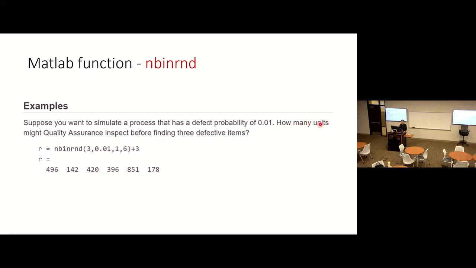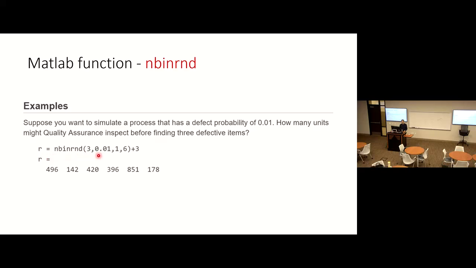So your question is how many units might your quality assurance inspect before finding 3 defective items? How many do you need to check before you find 3 defective items from the product?